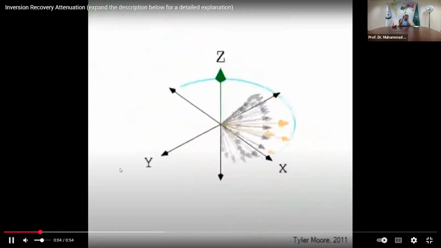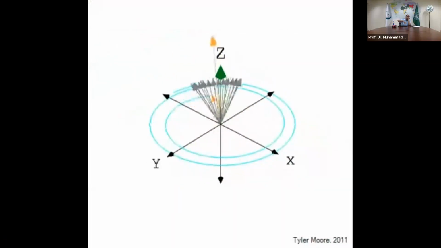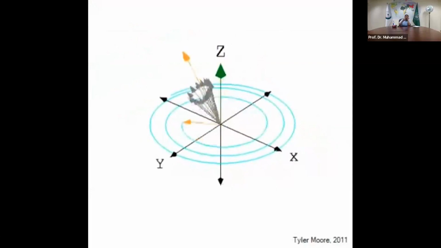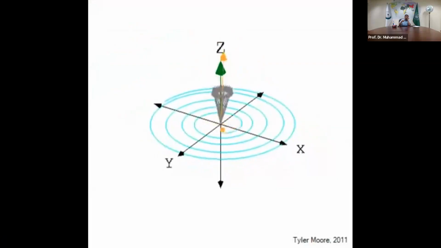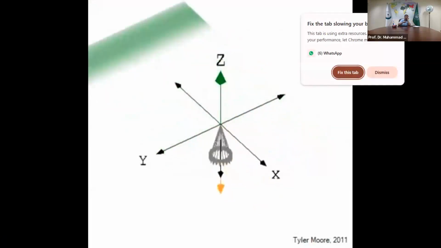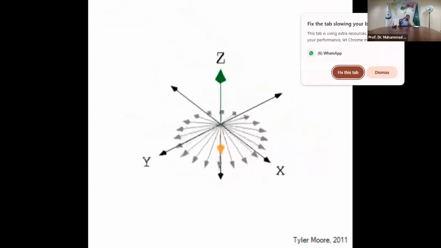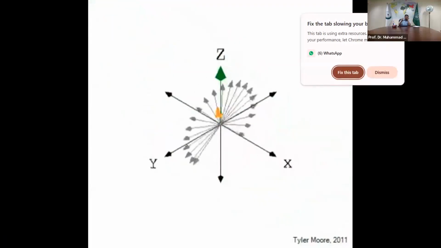Okay, now it has to recover, right? So you go from minus z to plus z, and in order to monitor this relaxation process, T1, you have to bring it to the xy plane.